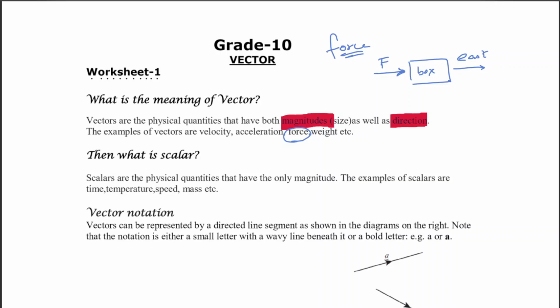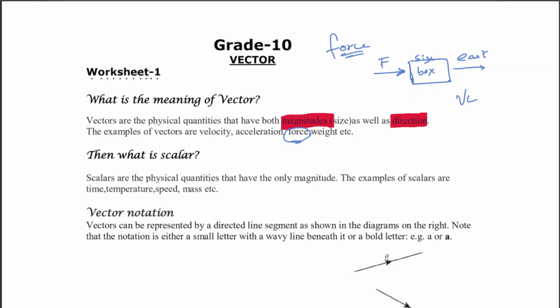That's why we can say that this box has a magnitude, that is size, right? This box already has a size and we are giving direction to it. So it has both: magnitude, that is size, as well as direction. That's why we can say that force is an example of a vector quantity.